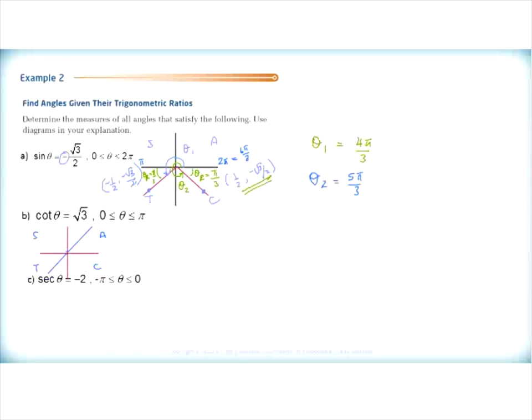Cotan theta equals a positive root 3. Again, we're going to use our special angles in order to figure out the measure of the reference angle here. So let's think about the possibilities. We've got 1/2, root 3 over 2 could be a possibility.